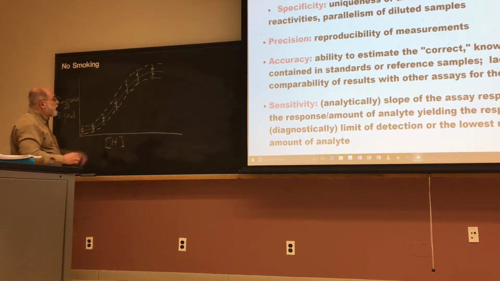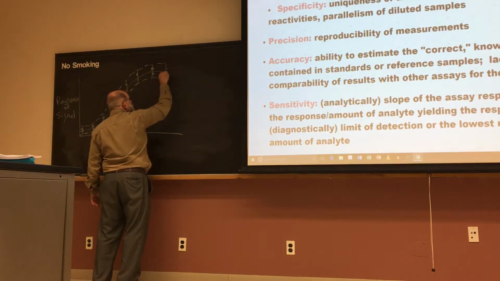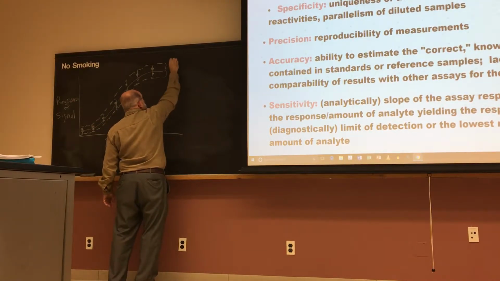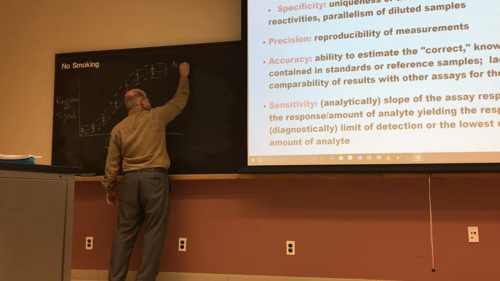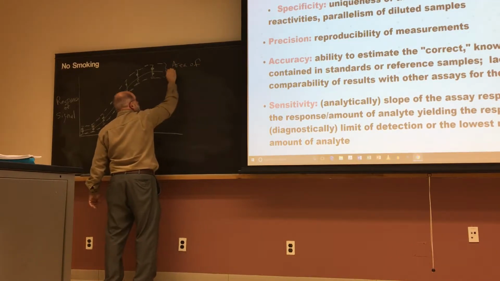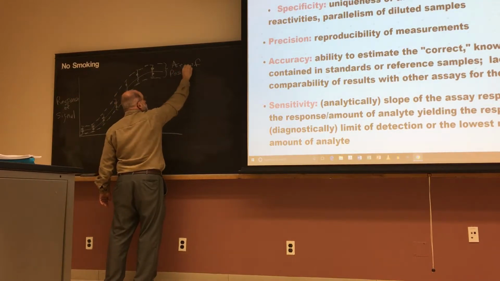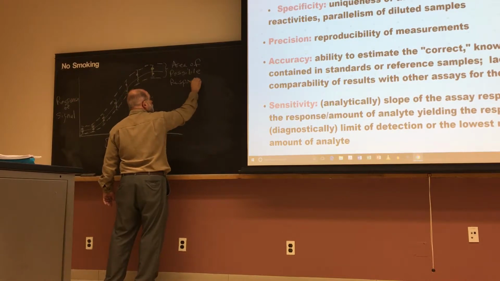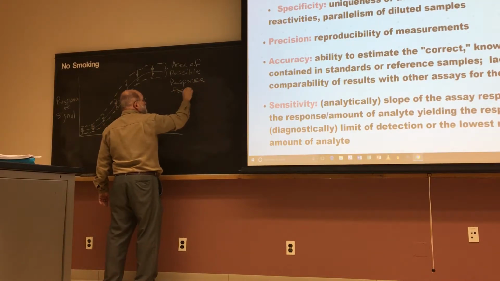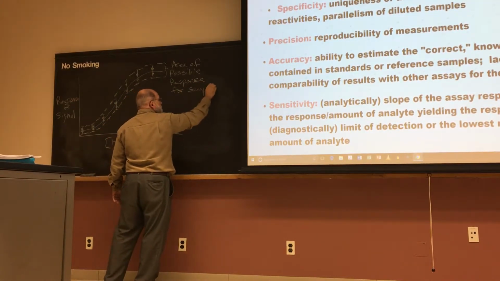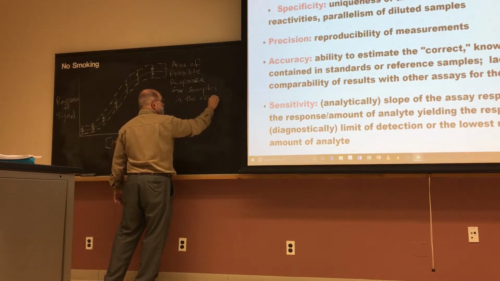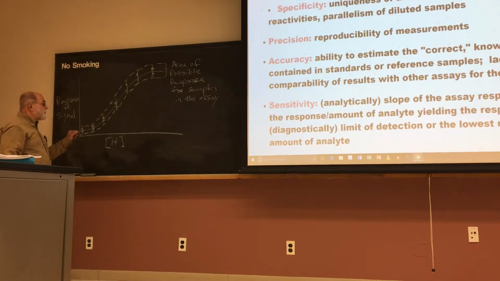Okay, what you get is an area of possible response for samples in the assay. So it's not a perfect line.